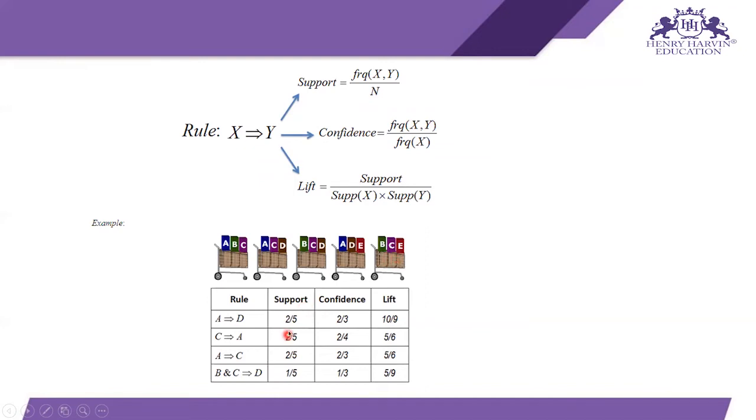So these are the support, confidence, and lift values for the products as given. If I talk about A and D, when A is bought, how often is D bought? Support is 2 by 5. You can see that two persons buy D when A is bought, and confidence is 2 by 3 and lift is 10 by 9.